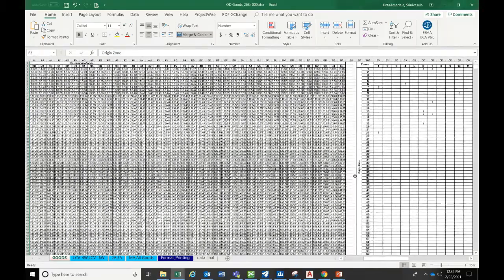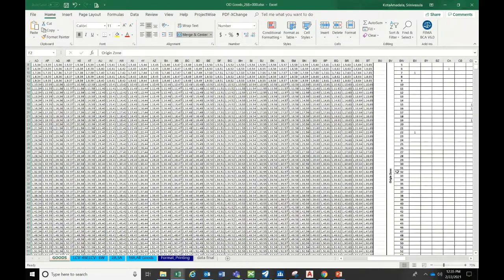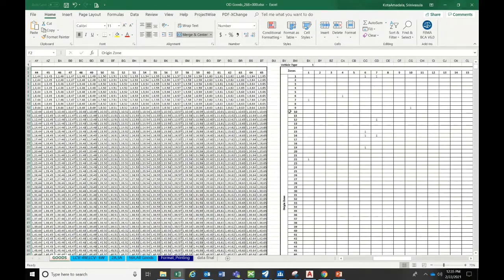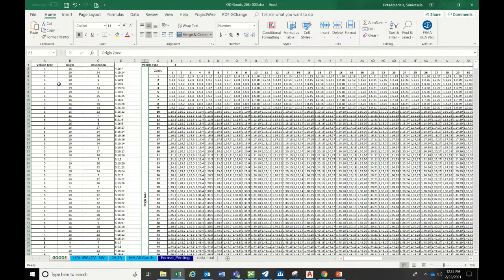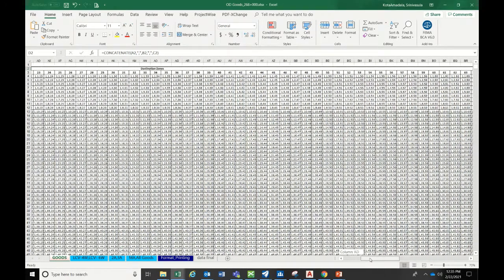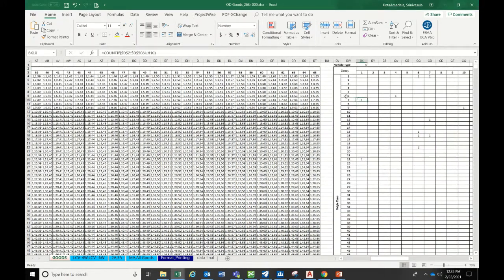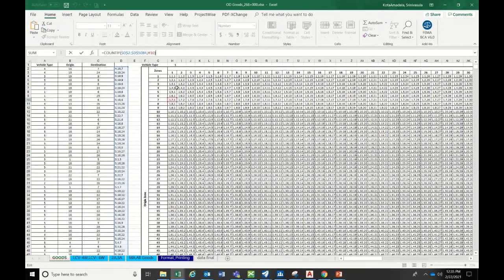After that, you have to find out the number. This is just a matrix, and in this matrix you have the sample, right? So you just have to use a COUNTIF formula. See the COUNTIF formula, just understand this.